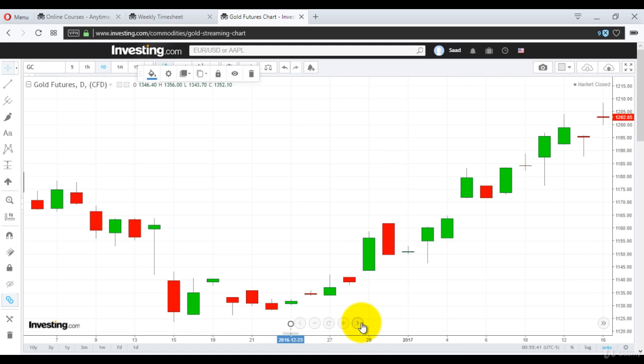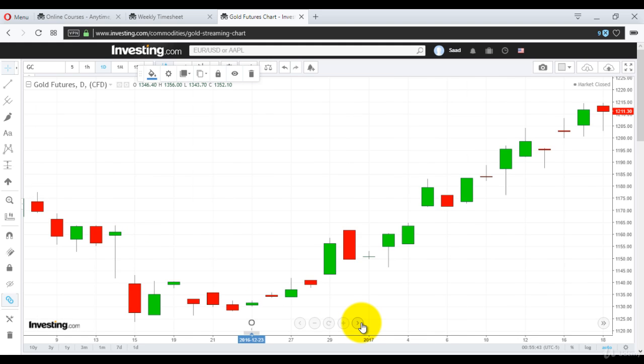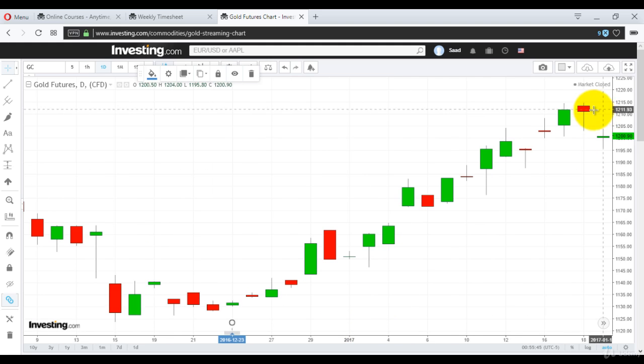Now if we move further, we see that the price continues to rise, and then here is what I call the big game changer. Whenever you see something like this, there is definitely a problem. This will happen due to some extreme bad news in the stock or futures or CFD or whatever financial instrument you are trading.